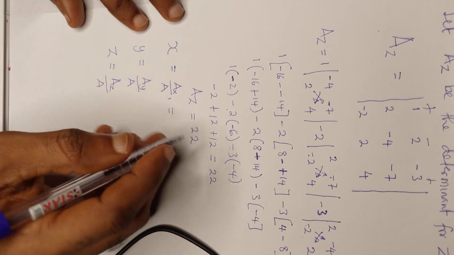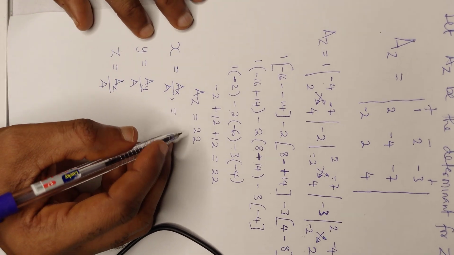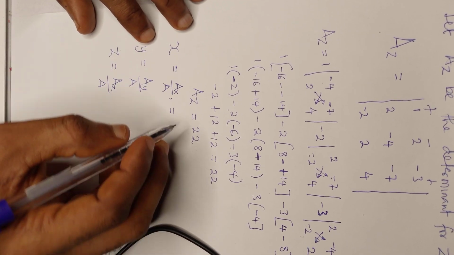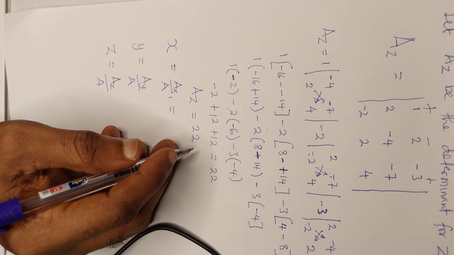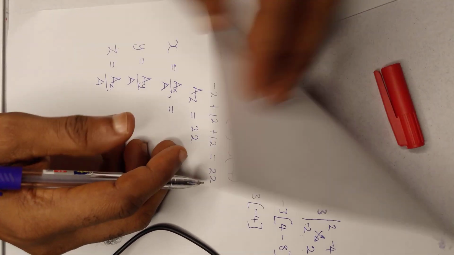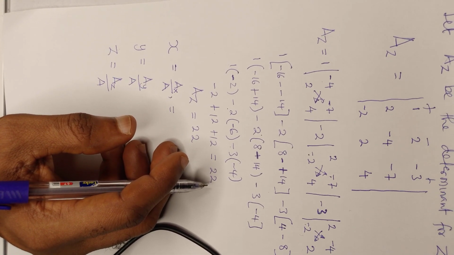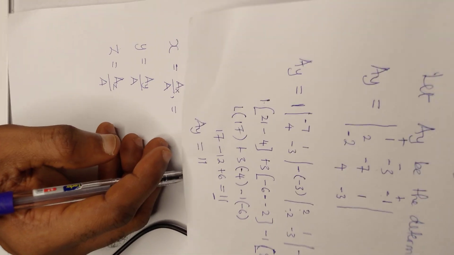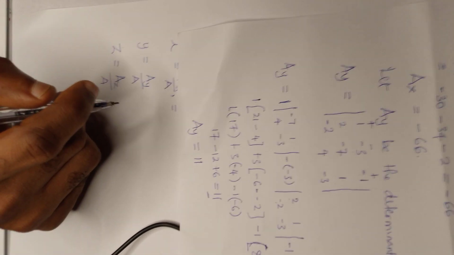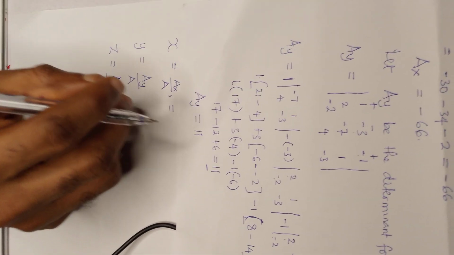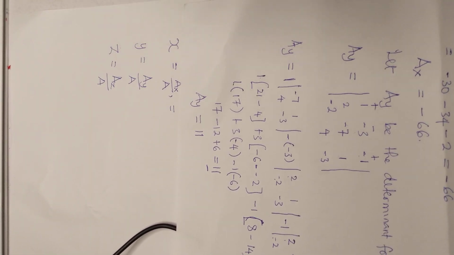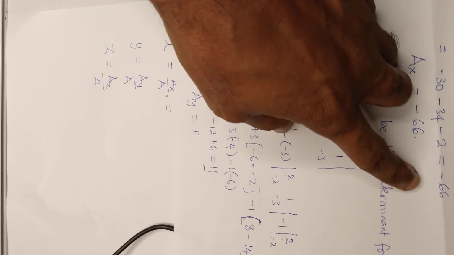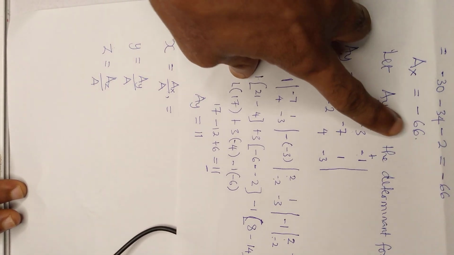So the determinant for our x was, let's check what we had as x. The determinant for x is minus 66. So this is the determinant for our x, minus 66.